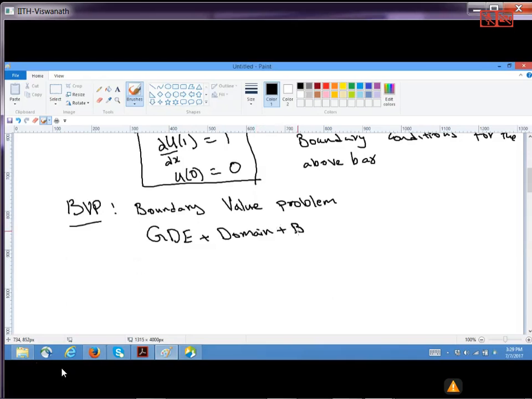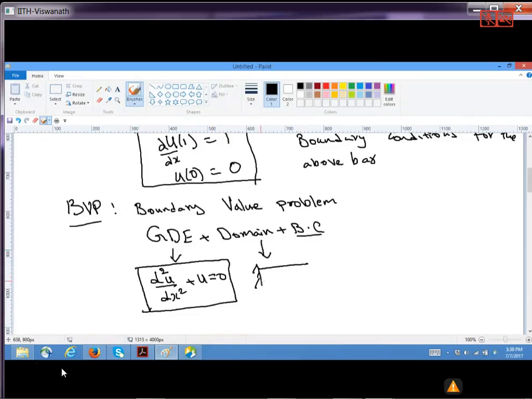So our governing differential equation here is d square u by dx square plus u equal to 0. Let's assume this is our governing differential equation. The domain is du by dx equal to 1, and u is equal to 0 at x is equal to 0.